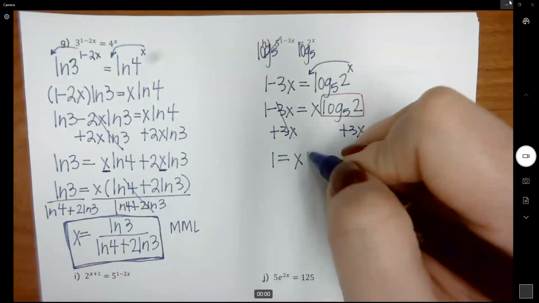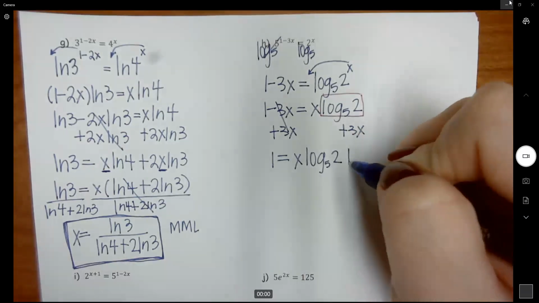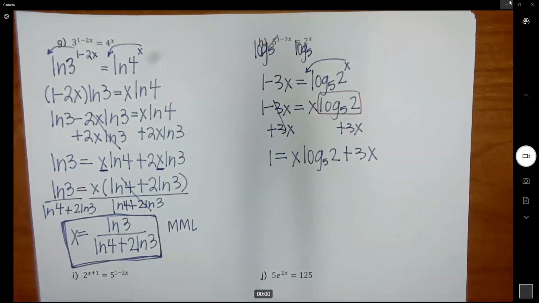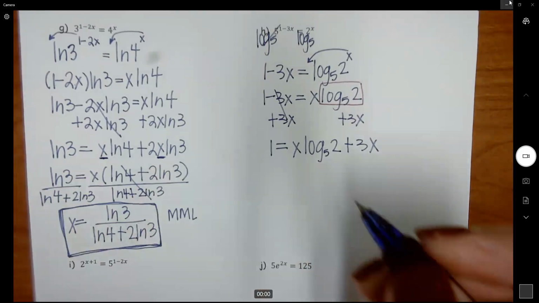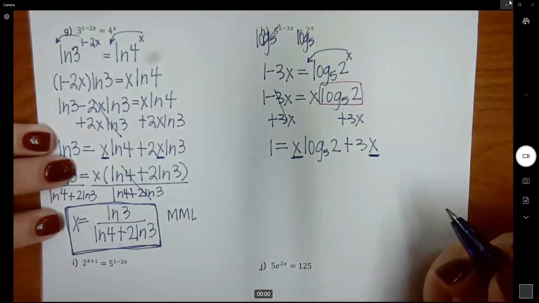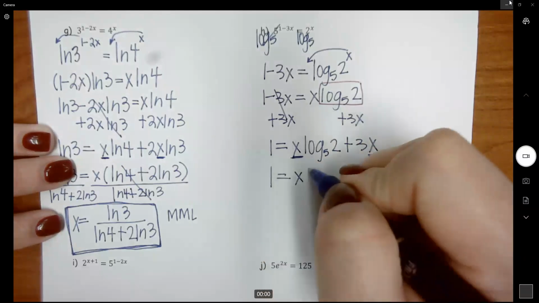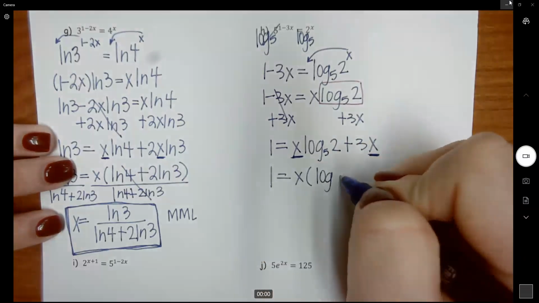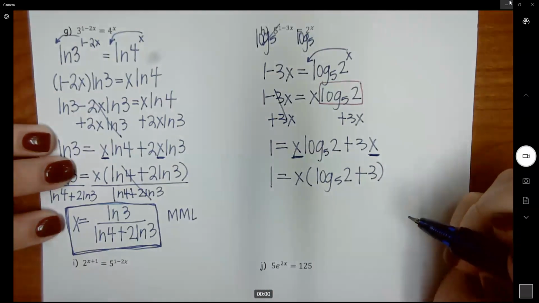So this is x log base 5 of 2 plus 3x. No matter what, we're going to take that GCF out of both sides. So I'm going to take x out of both. And this becomes x times log base 5 of 2 plus 3.